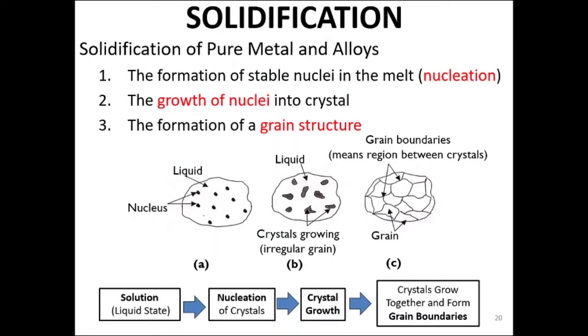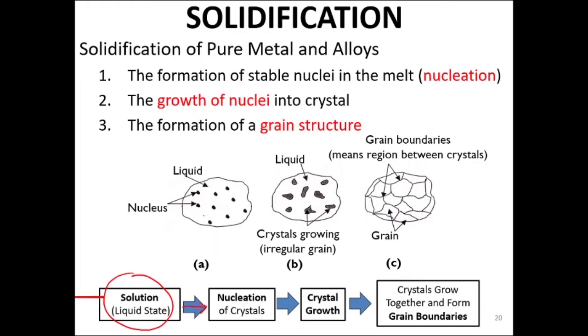This slide shows the process of solidification of pure metal and alloys. As you can see here, it starts at high temperature where the metal is melted to its liquid state. For pure metal, we don't add any impurities. For alloy, we can add impurities to give special characteristics.